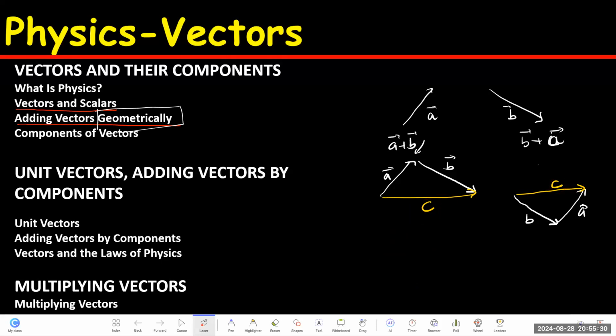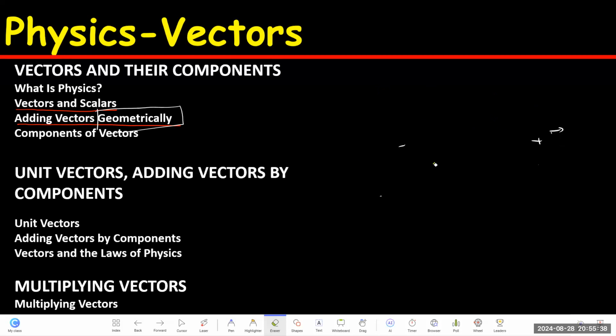Let's talk about the components of a vector. The component of a vector is very straightforward.